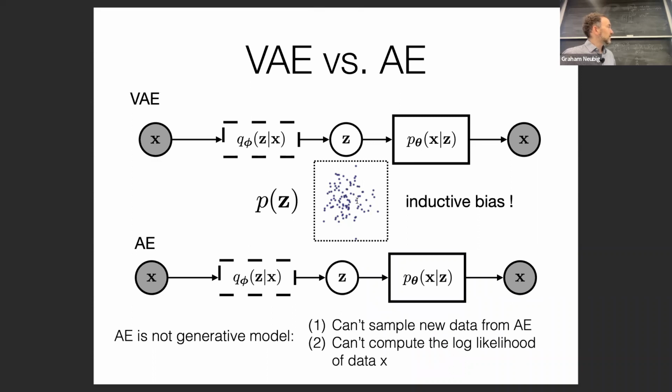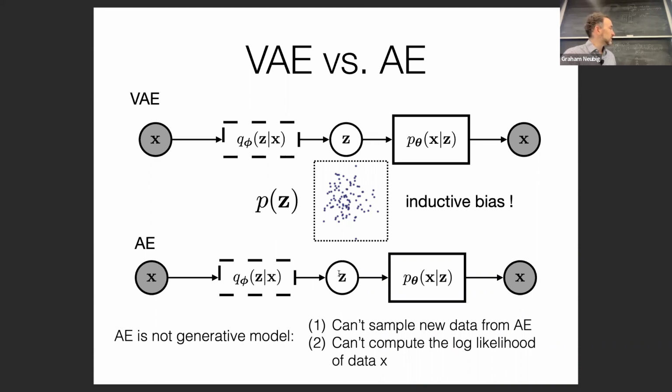Another thing is that a regular autoencoder is not a generative model. It's not a model where we could sample new examples, X, from this model. It's essentially a good way of learning latent vectors, but it cannot function as a language model or a model of images.